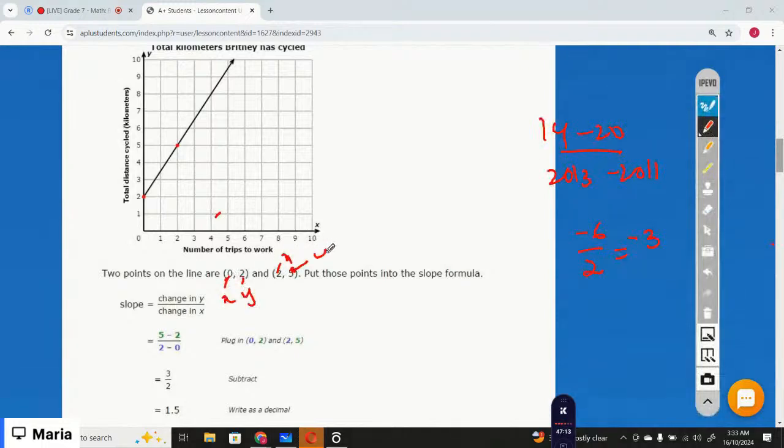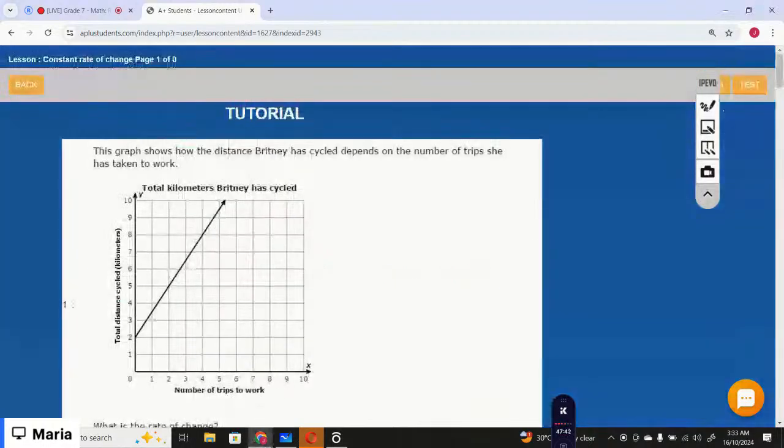This is x, this is y. So you have to do 5 minus 2 divided by 2 minus 0. So that is 1.5. Let's just start with the test questions.